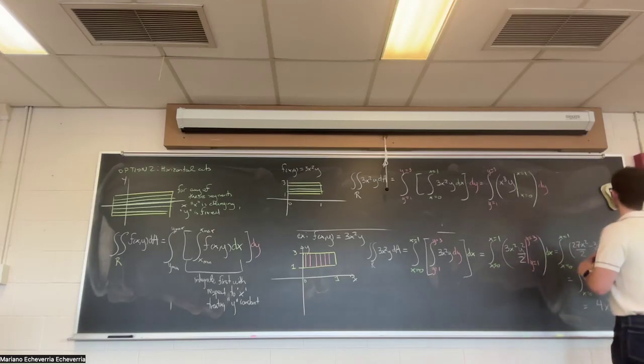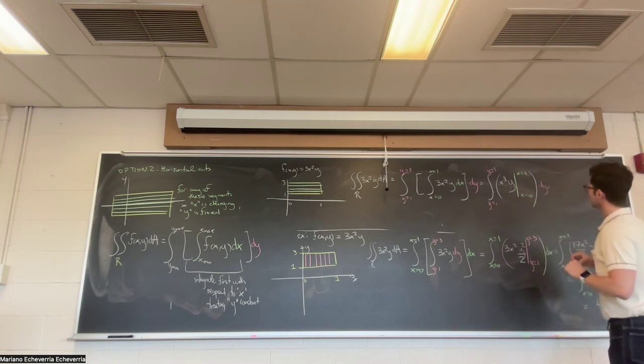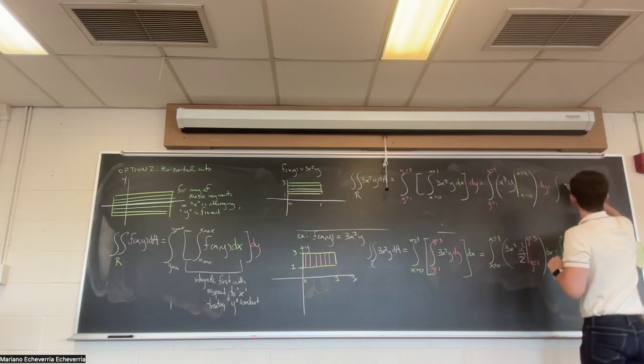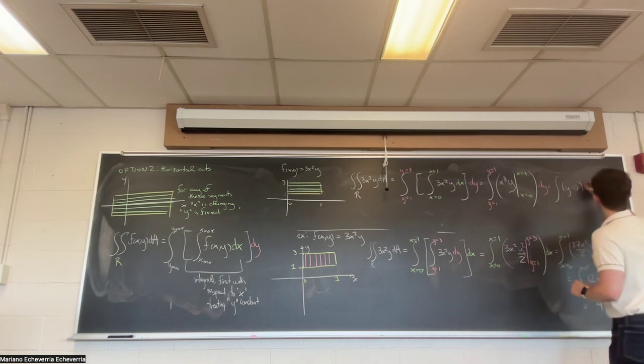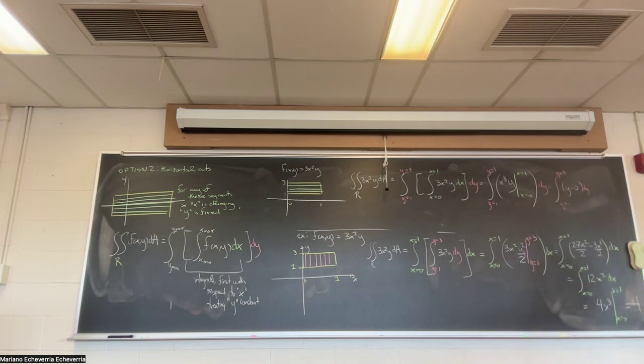And then, I mean, this one is easy. So when x equals 1, you just get y. And when x equals 0, you just get 0 here. Okay, so you're just integrating y dy, which is just y squared over 2.